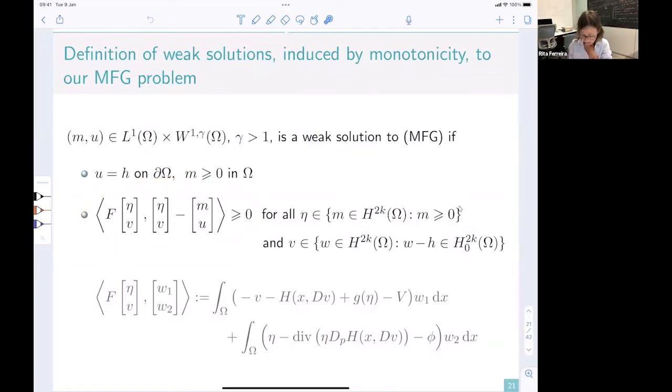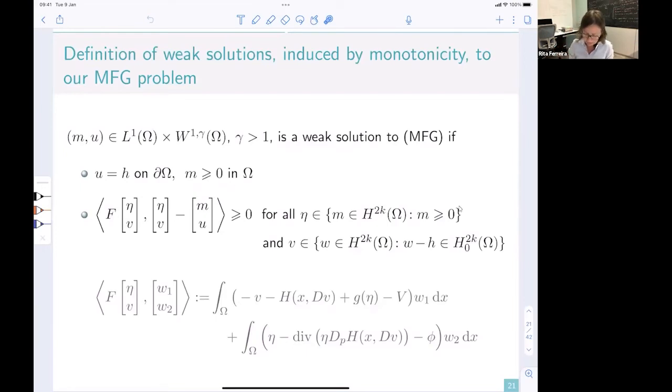And the F that is here is nothing but the operator associated to my mean field game, exactly in the same way I was showing in the simpler example at the beginning of this talk. Here I'm explicitly saying how it acts on pairs, because we have to make sure that this is well defined, but it is exactly the same idea.